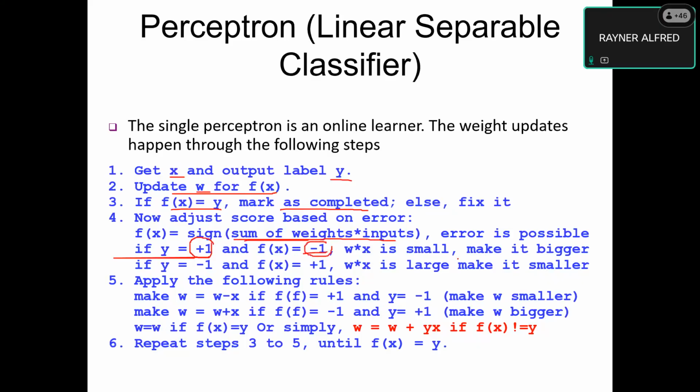So you want to make it bigger. That means you want to +2. If your actual one is negative but your predicted instance is positive, you want to make it smaller. So how do you make it smaller? It's just by fixing this.